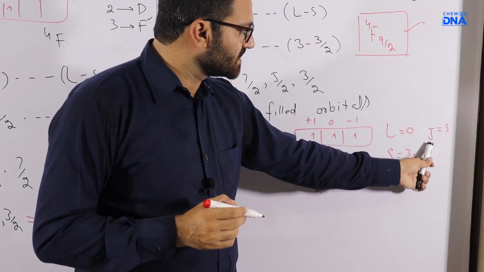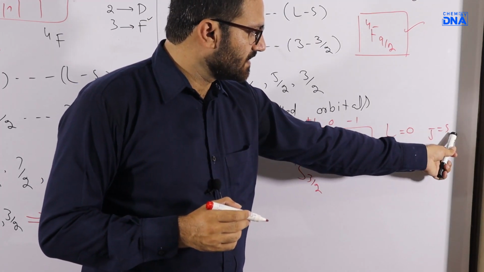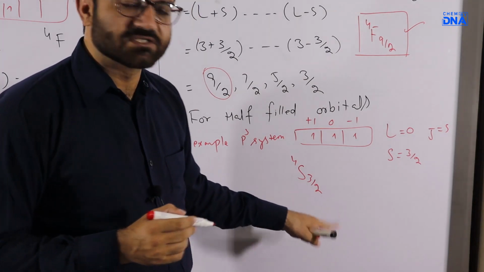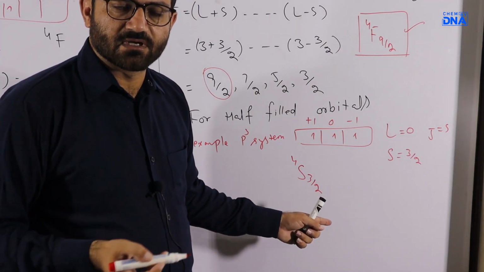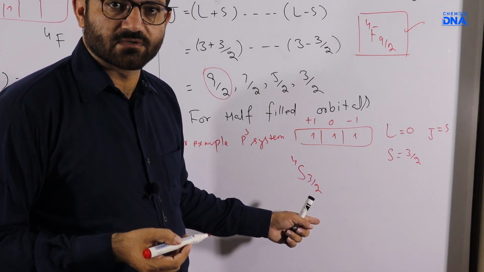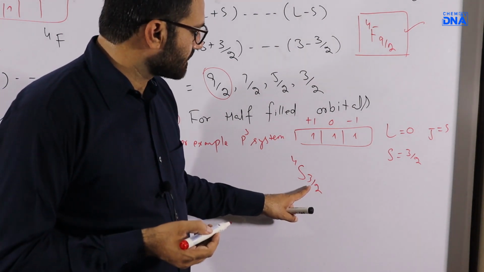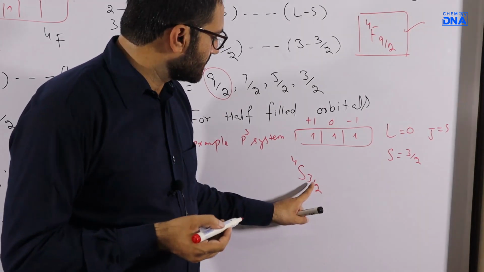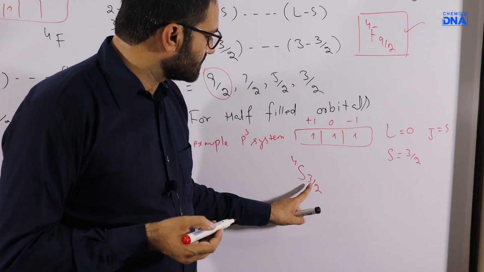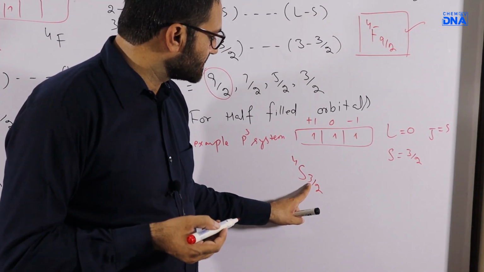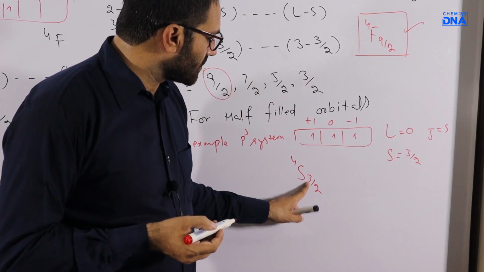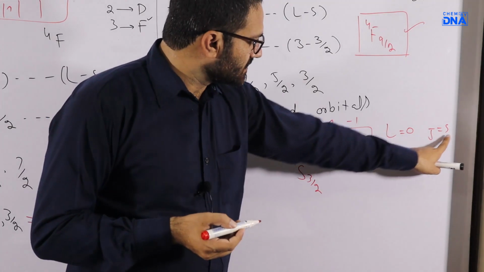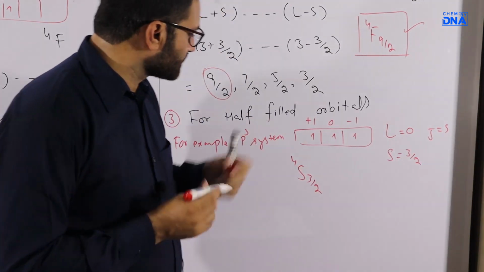In this case, J will always be equal to S, so you get 3/2, which is the J value.